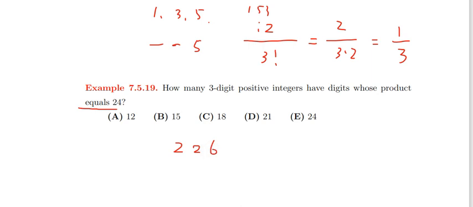I think 2, 2, 6 is one of them, right? Yes, 2 times 2 times 6 gives a product equal to 24. Let's check some others. Could it be 1, 3, 8? This 1, 3, 8 is also one of those integers. So here we want to find how many.